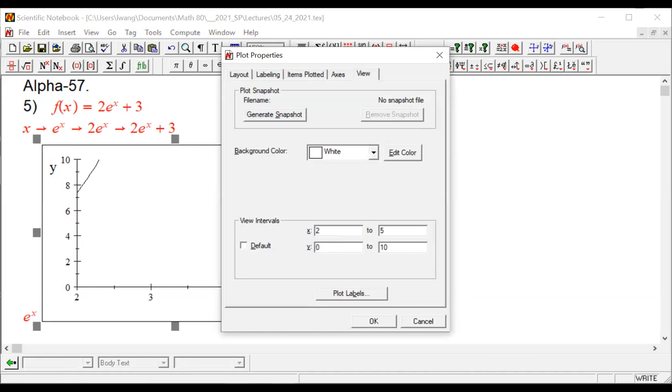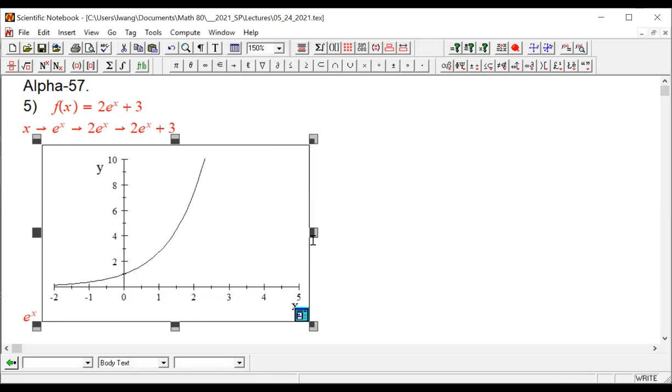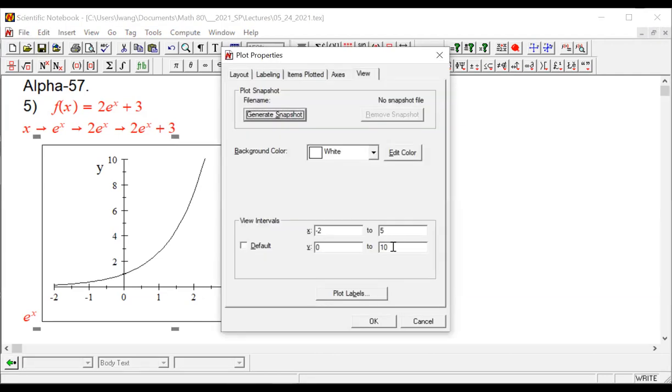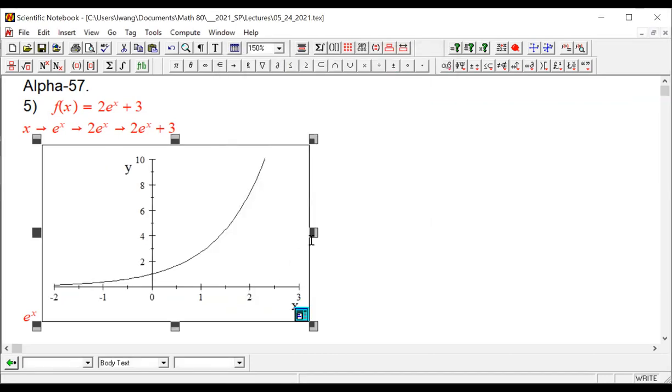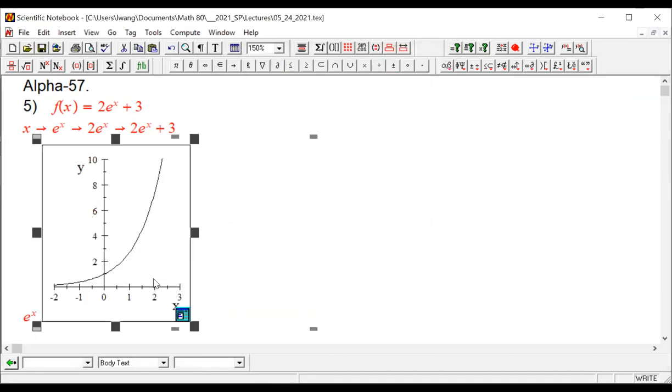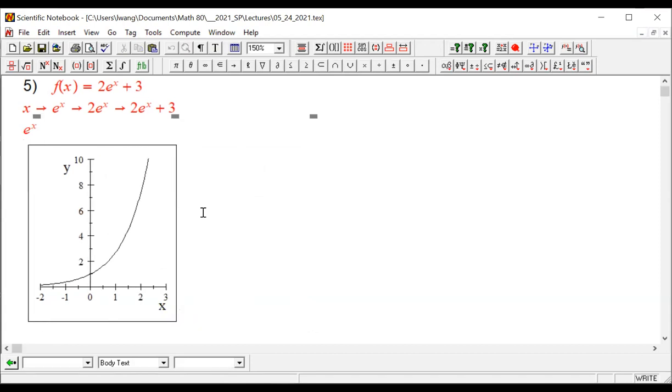I should put a -2. That's why it's cut. Okay. That's e to the power x, right? And I can make this a little bit narrower. Okay, so that's the picture for e to the power x.